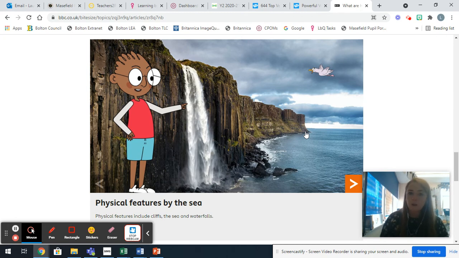Cliffs are physical features. The coast is a physical feature. The pier is a human feature because they have been built by people. The beach itself is a physical feature that would still be there without a human making it. A fairground is a human feature and a lighthouse is also a human feature.